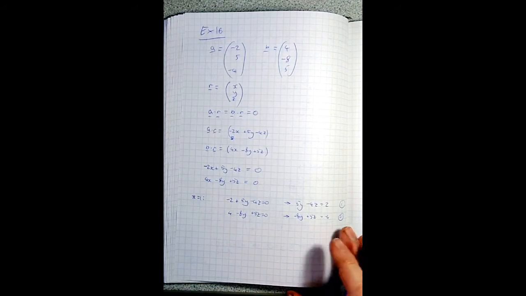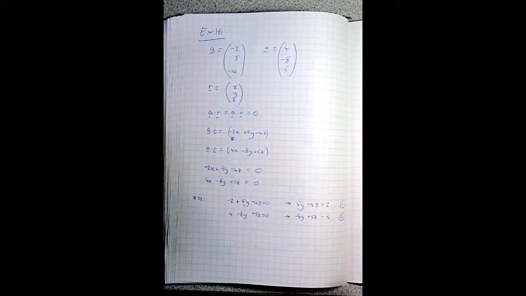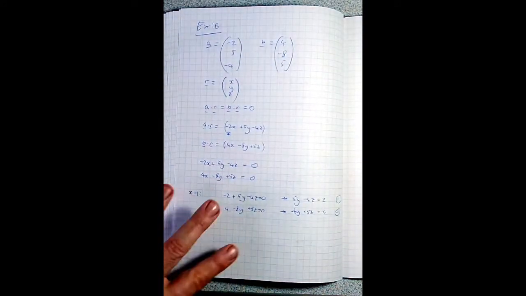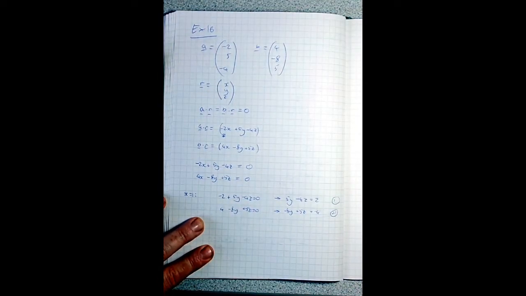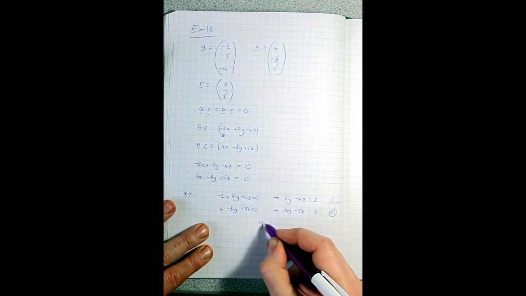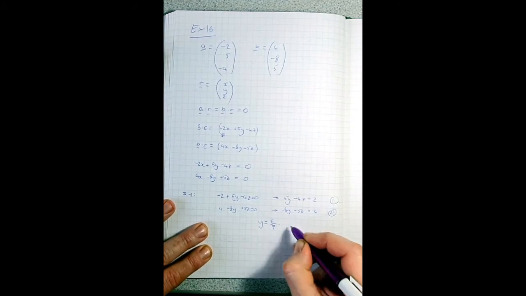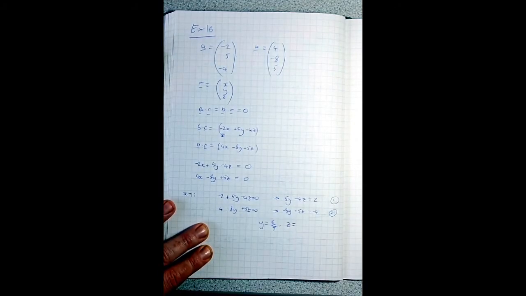Let's solve these simultaneously. Where is my calculator? I keep on losing it. There it is. 5, minus 4, 2, minus 8, 5, minus 4. So y is 6/7, z is 4/7.